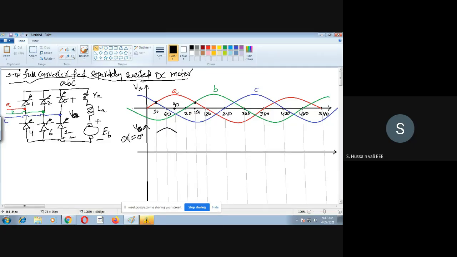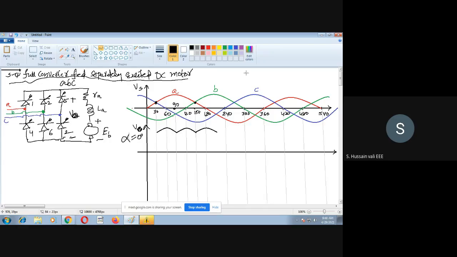Similarly, from 90 to 150 is another duration. Likewise, you can proceed like this, like how I have drawn. Only difference here: in the previous class you had the freewheeling diode; in this case you don't have the freewheeling diode.